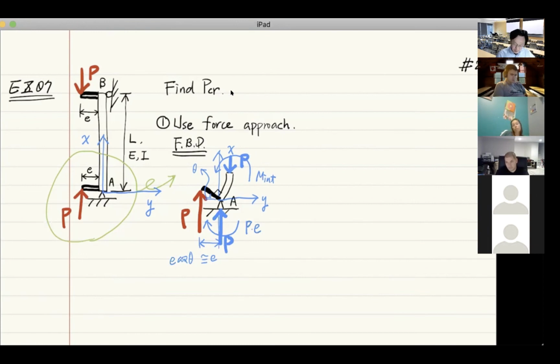Now, the moment produced by this internal moment, however, is not just P times E, because don't forget that there's another distance, which is from here to here, right? That means when you consider the internal moment, it is not just P times E, it also includes P times Y, and this distance, we call Y, that's the variable Y.